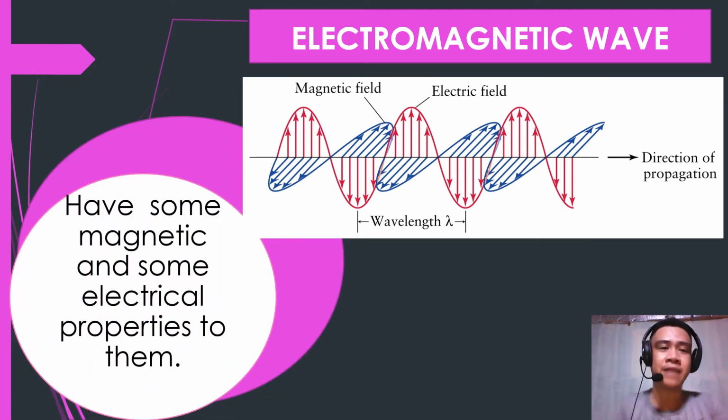Electromagnetic waves have some magnetic and some electrical properties to them. They are formed when an electric field comes in contact with a magnetic field. They are hence known as electromagnetic waves.